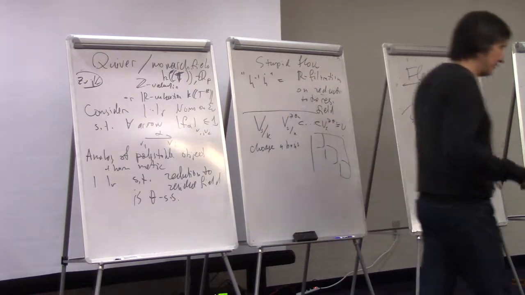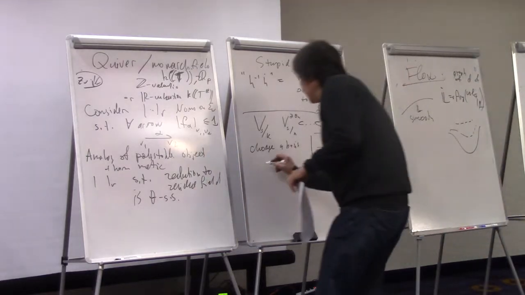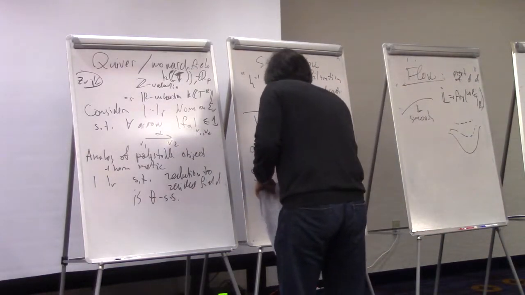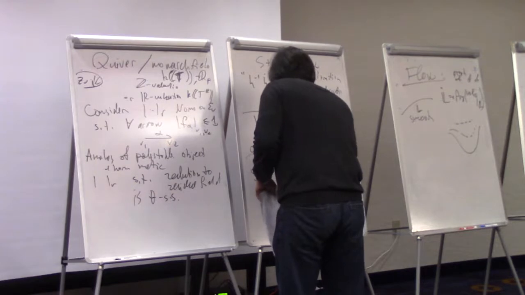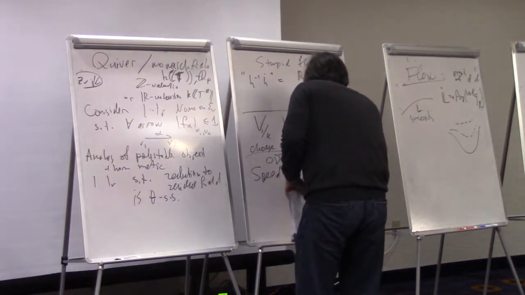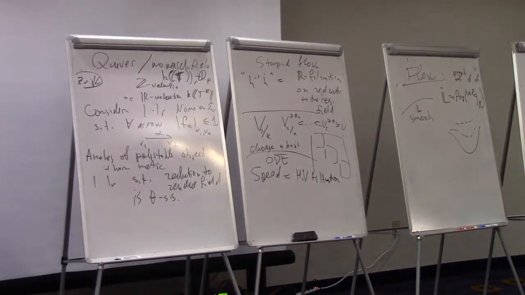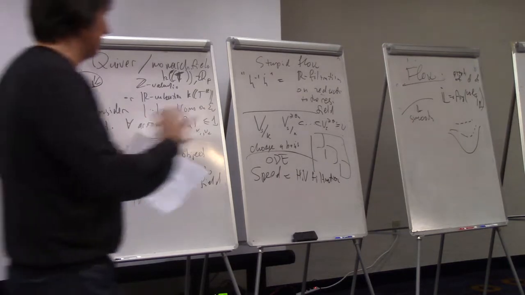Yeah. So that's a differential equation. The ODE for the flow will be that speed is equal to the Harder-Narasimhan or similar filtration. Okay. And then the claim that it works will be fine.